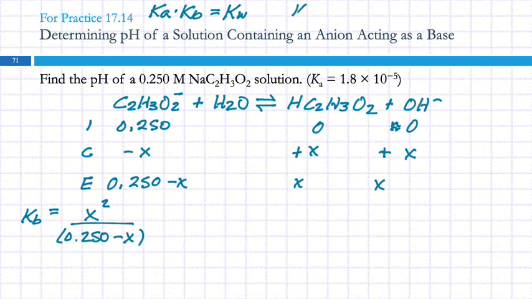So this Kb that we're looking for times the Ka, 1.8 times 10 to the minus 5, is going to equal 1 times 10 to the minus 14. So I'm going to take 1 times 10 to the minus 14, and divide by Ka, 1.8 times 10 to the minus 5, and I'm going to get 5.55 repeating times 10 to the minus 10.